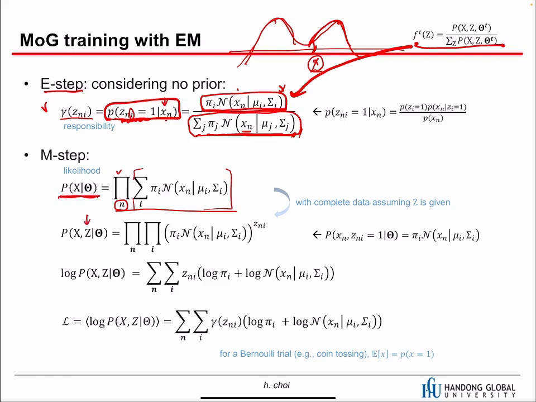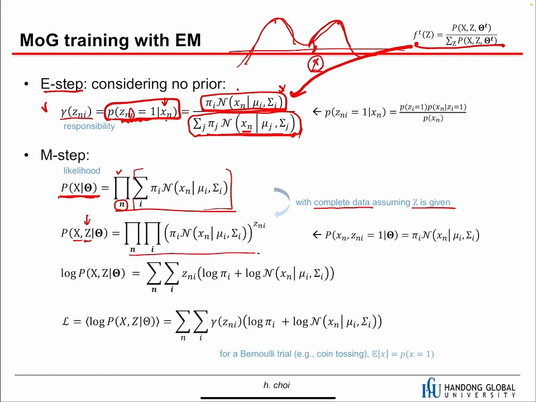And we introduce a hidden variable z. When we introduce z, it means we assume that z is given, which means we have complete data. So we actually have x, and z is hidden, but if we have z, so if we have complete knowledge, then this probability can be rewritten in this way.